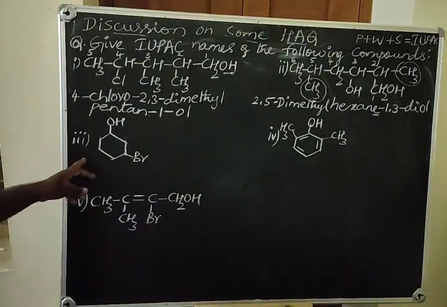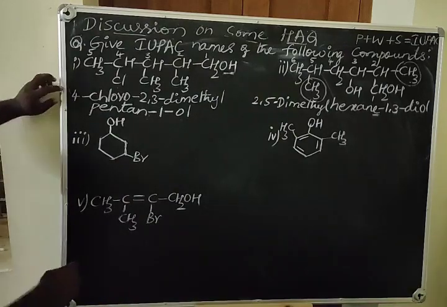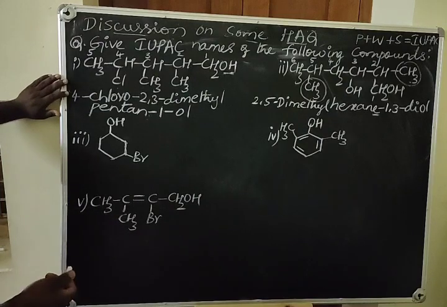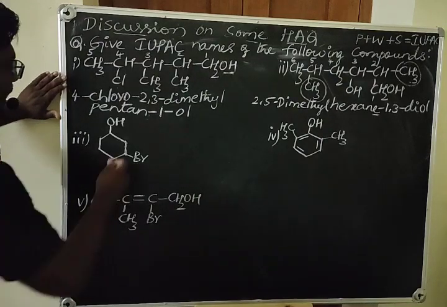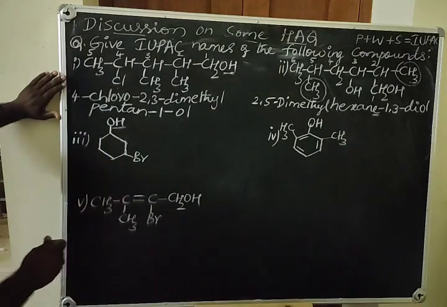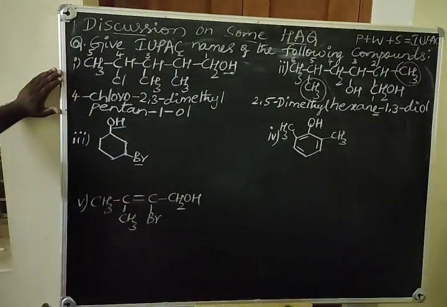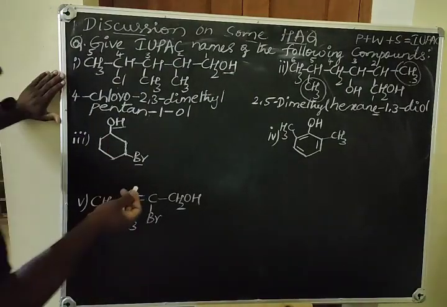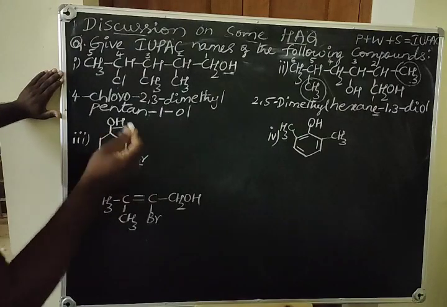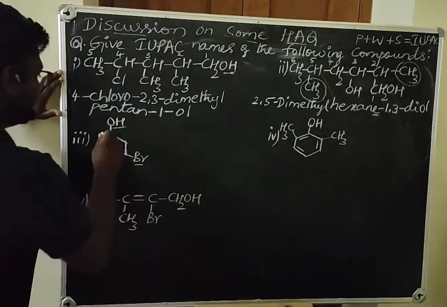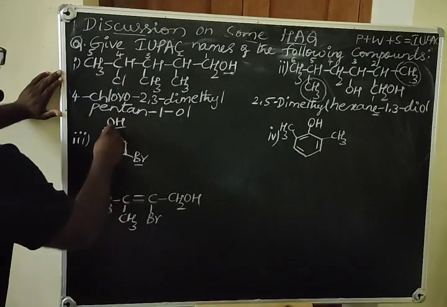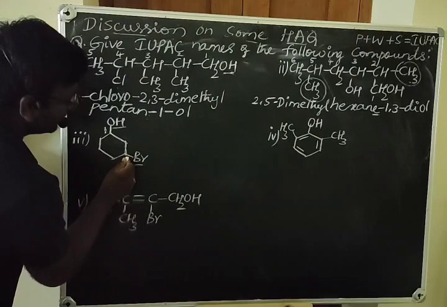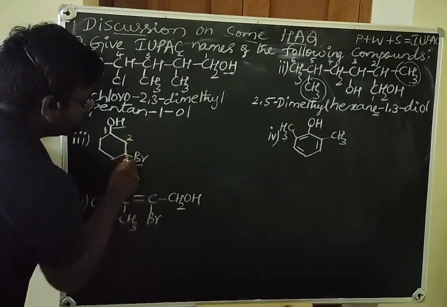Next, come to this third compound. Here it is a cyclic compound, so you should have cyclo in the word root. OH is the functional group, and Br is the substituent. And here, what is the position? The carbon containing the major functional group must take the least number. We shall give 1 to this carbon, and if you move in this direction, it is 2, 3.